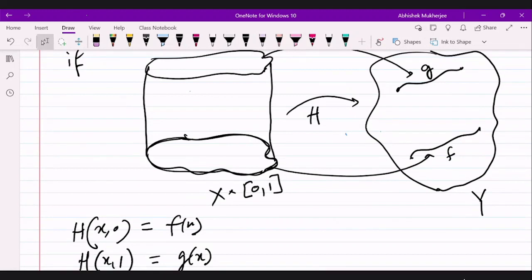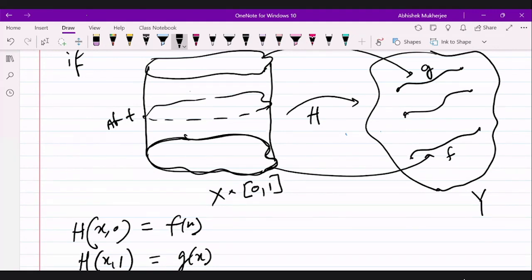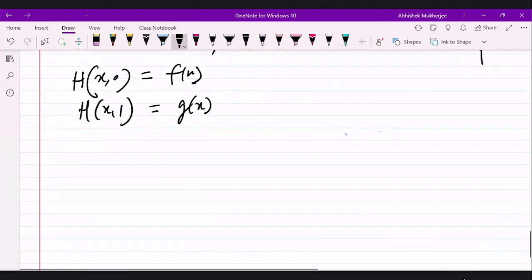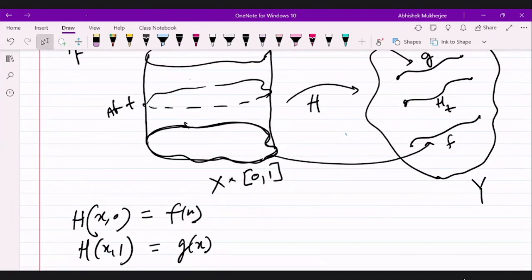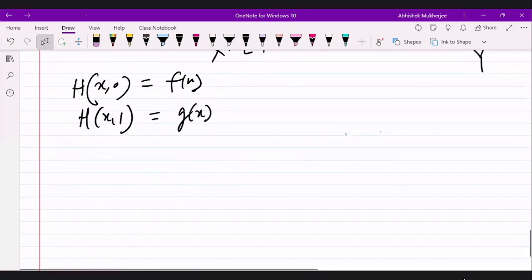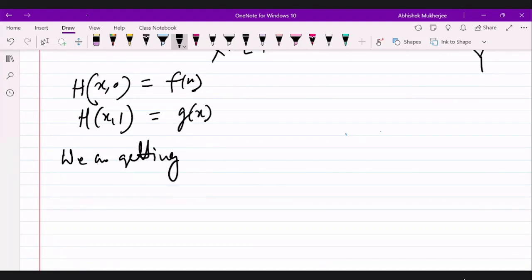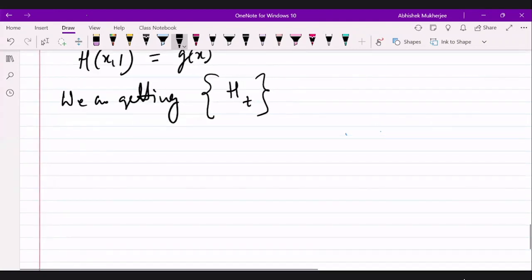And during that deformation, suppose you are taking some time T, right? Then we are getting some map here, right? So this is nothing but H_T. That means whenever you are constructing a map H from X cross [0,1] to Y, actually we are getting a family of continuous maps H_T, right? So that could be defined in this way.